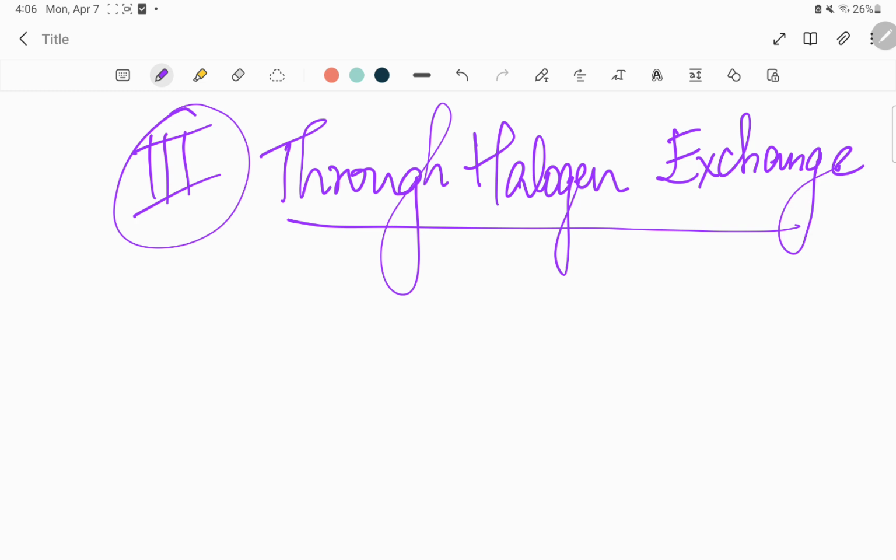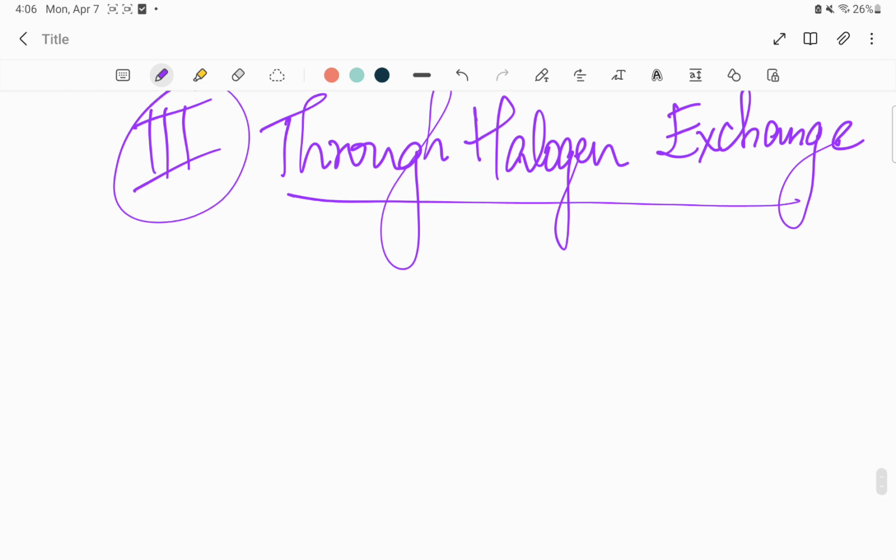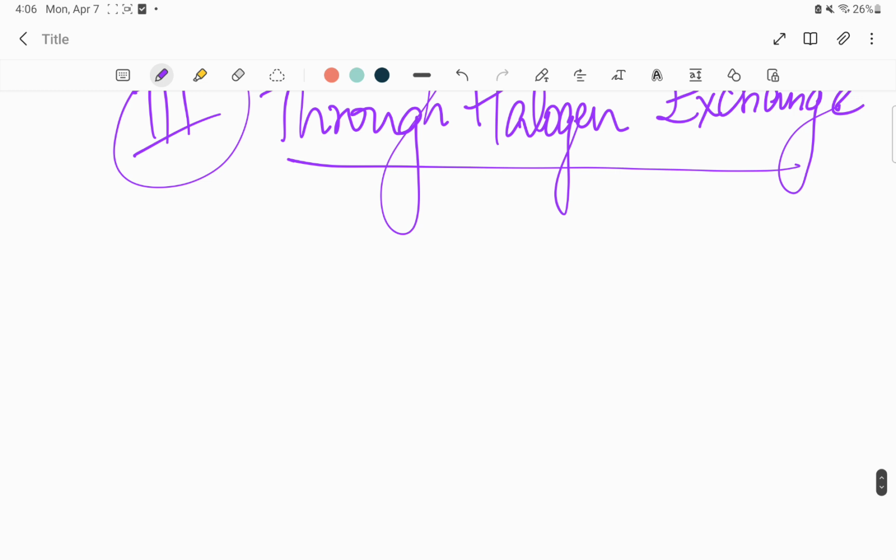There are two methods for halogen exchange, and both are very important because these are named reactions. Named reactions are frequently asked in conversion questions, and any question related to organic chemistry will mostly be related to named reactions. Of course the other reactions will also be asked, however, named reactions are more frequently evaluated in the board exam.